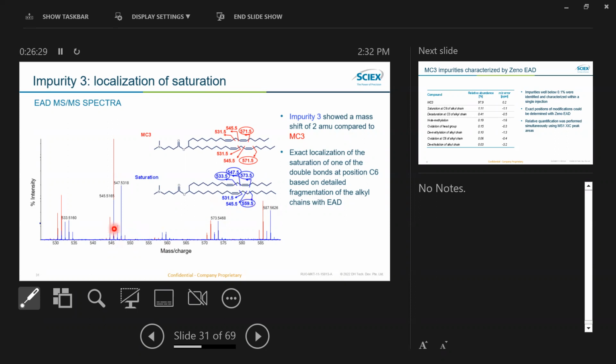You get these 2 doublets of the blue species, indicating a mixture there, and from this data we can infer that the saturation is indeed at C6.